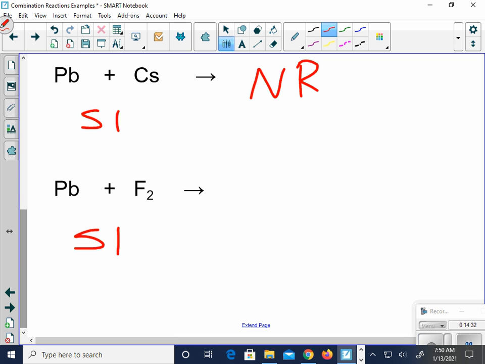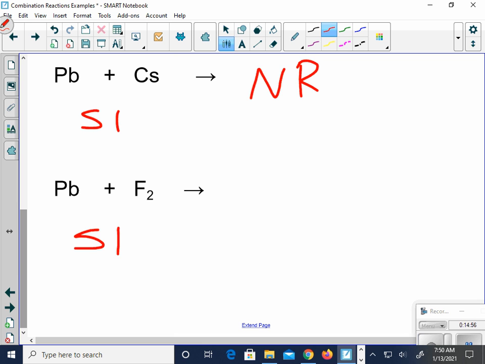Now, here's the thing. If you look at lead on your periodic table, lead is multivalent, correct? What charges could lead take? A +2 or a +4. So you can be correct with either one of those.